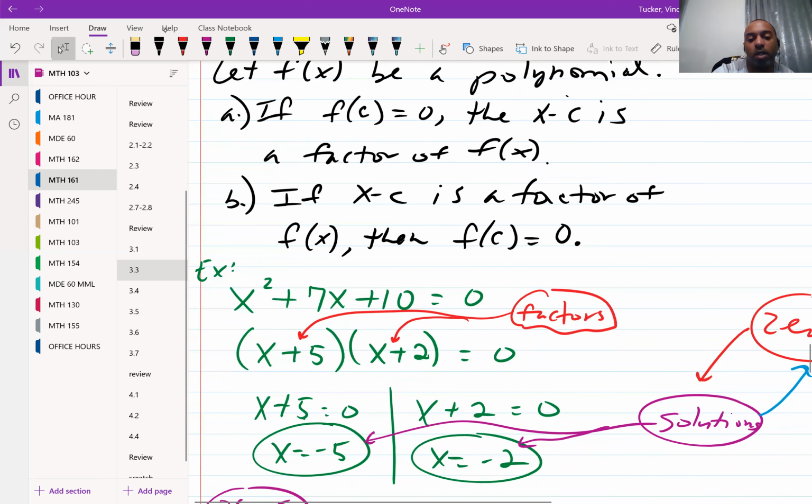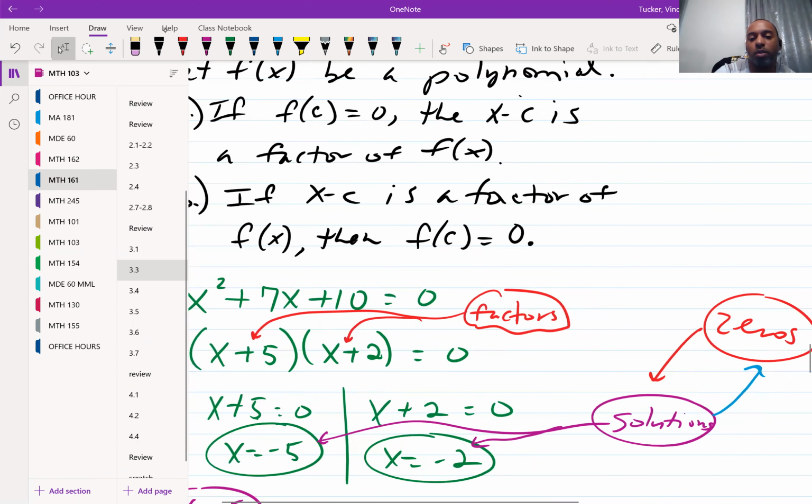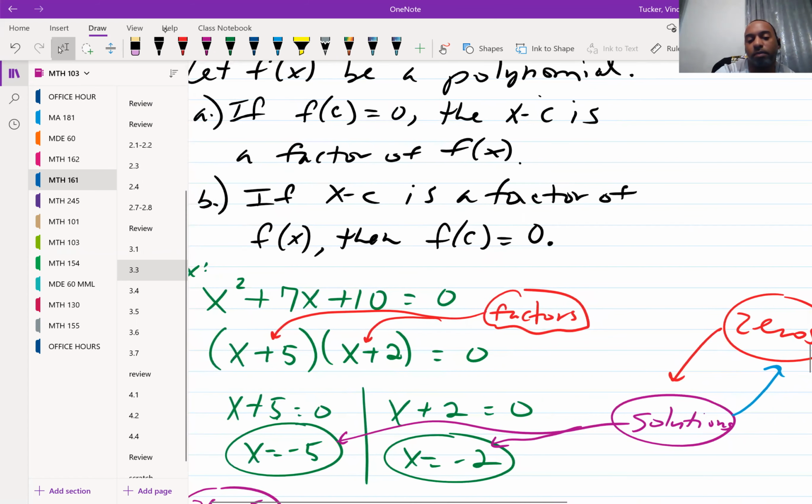Now, if I were to solve them, subtracting 5 from both sides, subtracting 2 from both sides, I would get my solutions, which are also called our zeros. Once again, that's because if I plug those values into our function, I would get out 0. And if I were to use synthetic division on either one of those, I would get out 0 as a remainder.